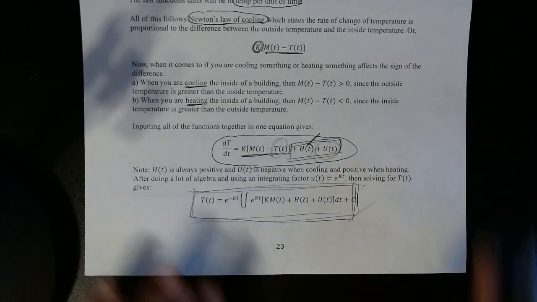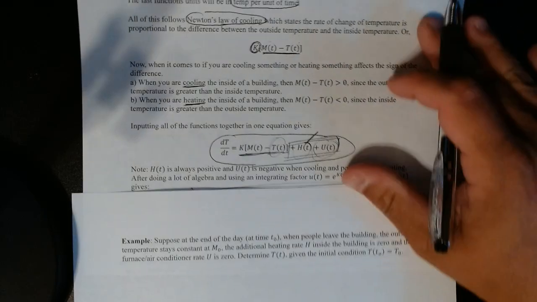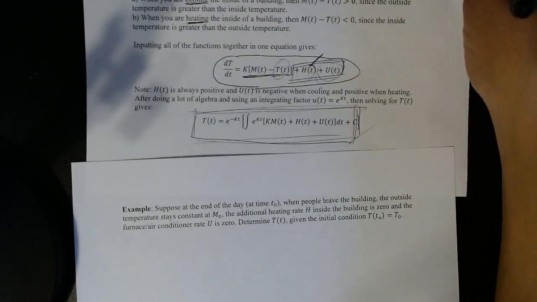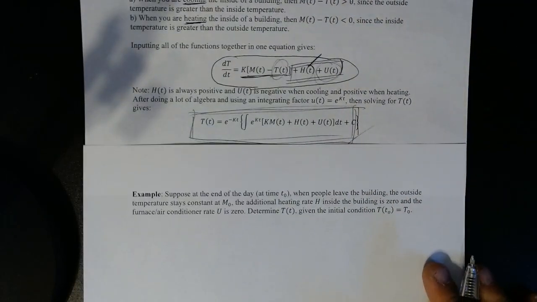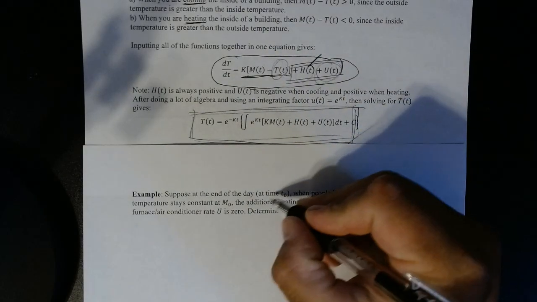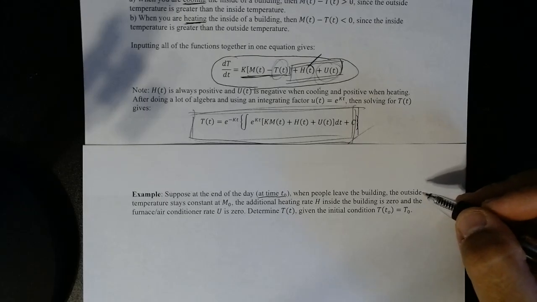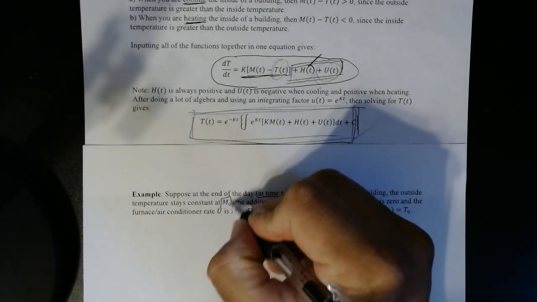So let's try an example. Suppose at the end of a day, at time t equals t naught, when people leave the building, the outside temperature stays at a constant m.